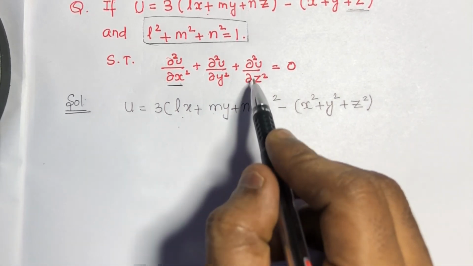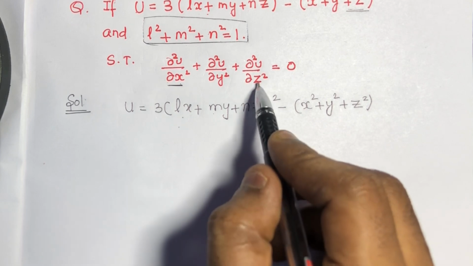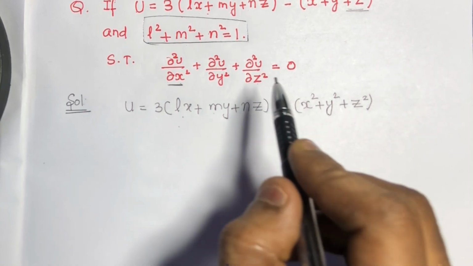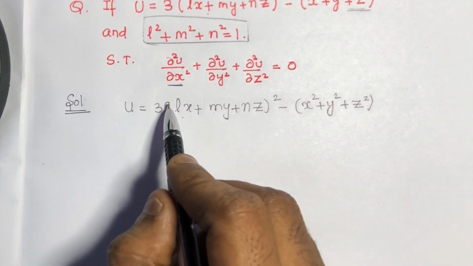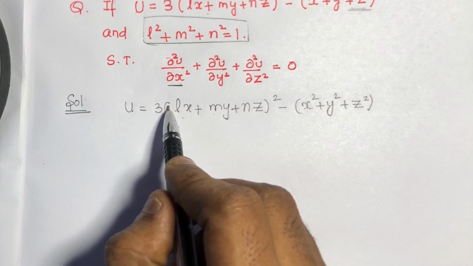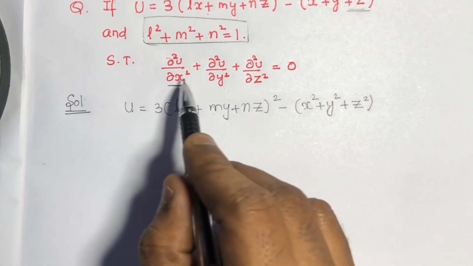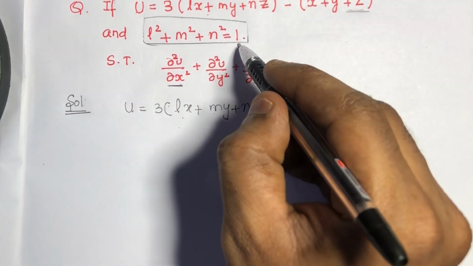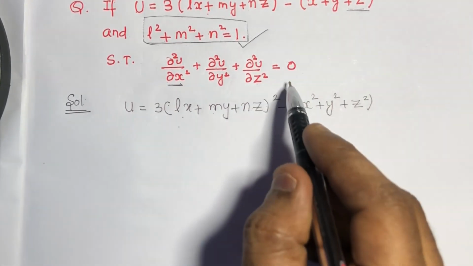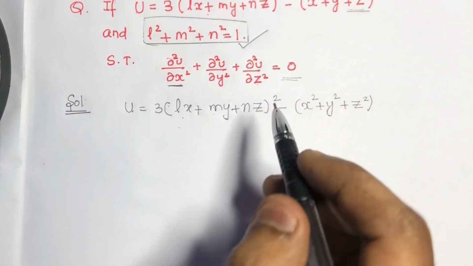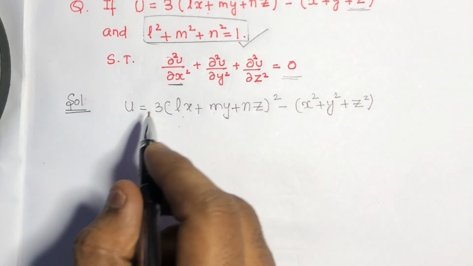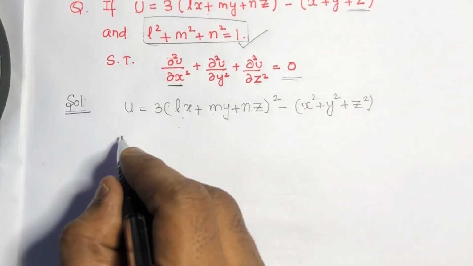Again double differentiate the same function with respect to z. So individually do double differentiation with respect to x, y and z, and add them and finally use the condition. We will get the required answer as 0. Now I'm differentiating the function.